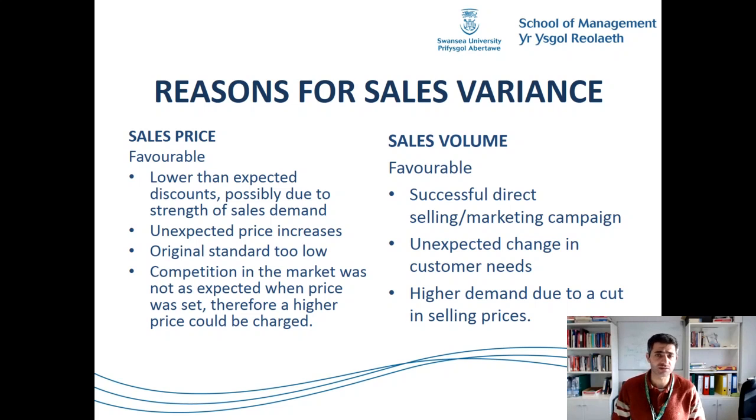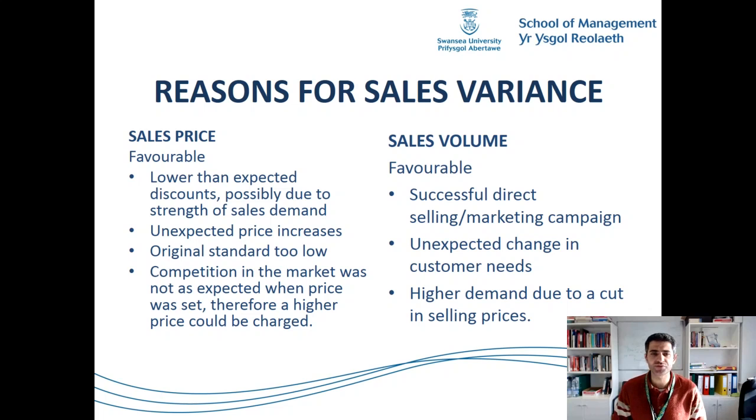Could be many reasons, for example, there is a demand for it, there is no really specific competitor, or the competitor is not really as we expected when we set the price. Or maybe the customer loved this product and has real customer loyalty for it, and as a result we could set a higher price.